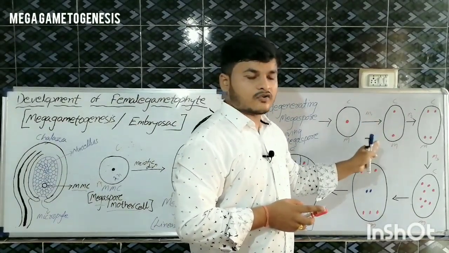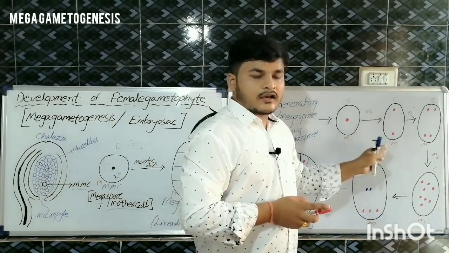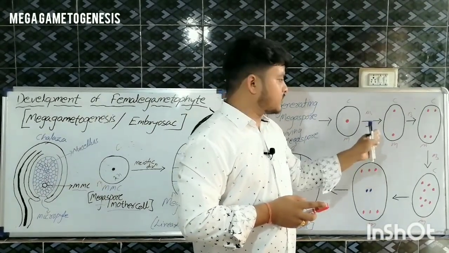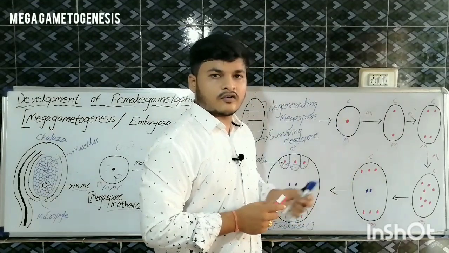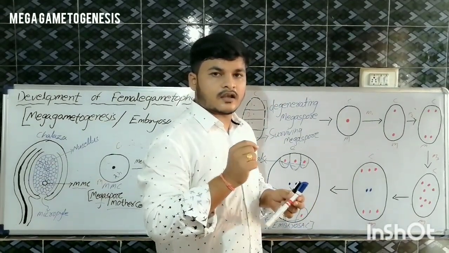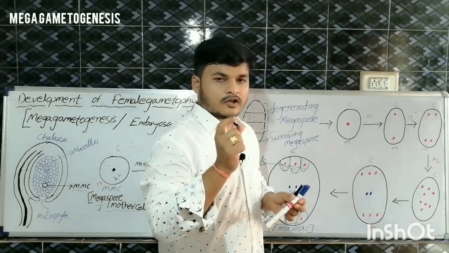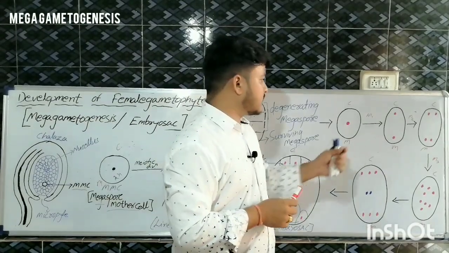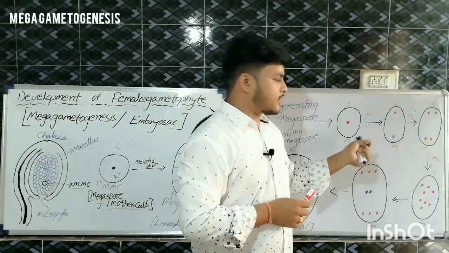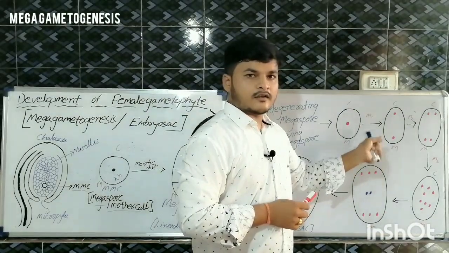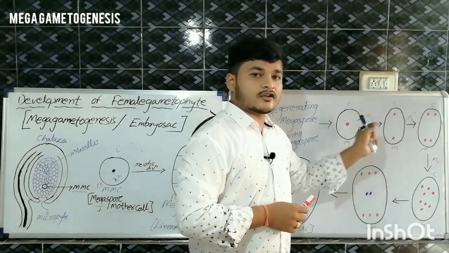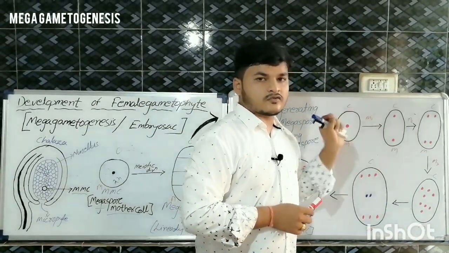In every mitotic division, karyokinesis takes place. Before going to the mitotic division, I want to clarify karyokinesis. Karyokinesis means the process in which the nucleus divides. That means in every stage of mitotic division, karyokinesis takes place, that means the nucleus divides.